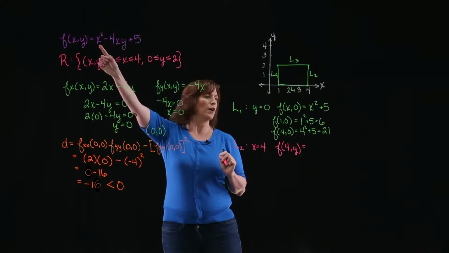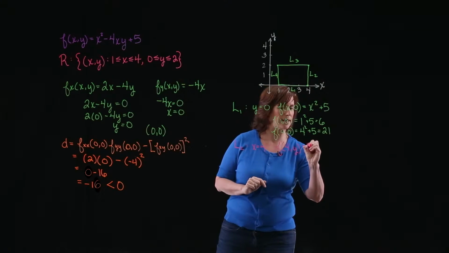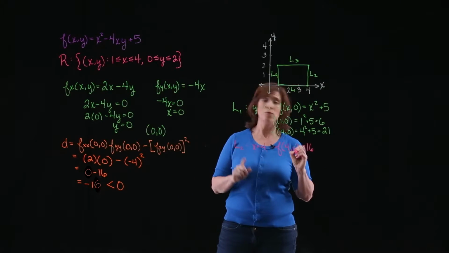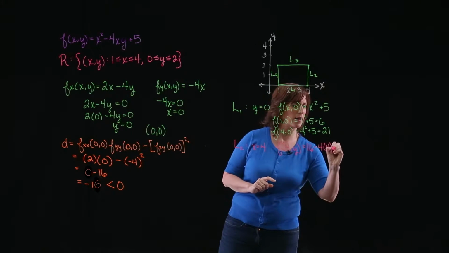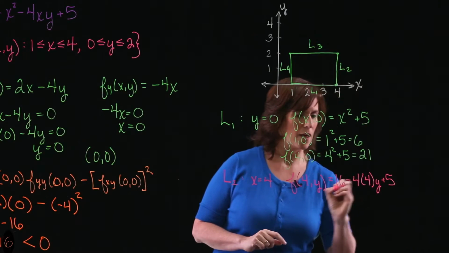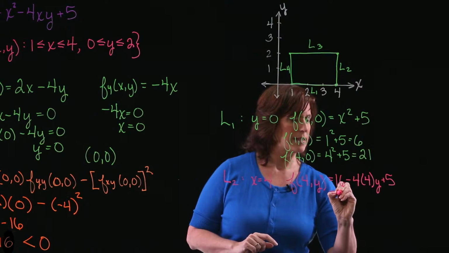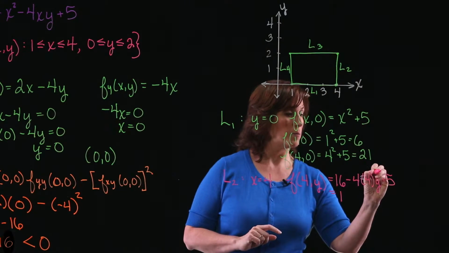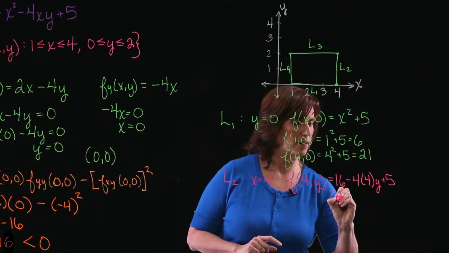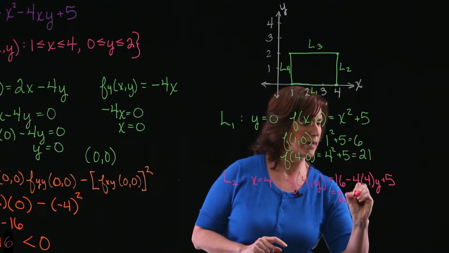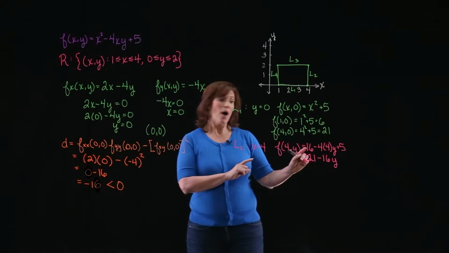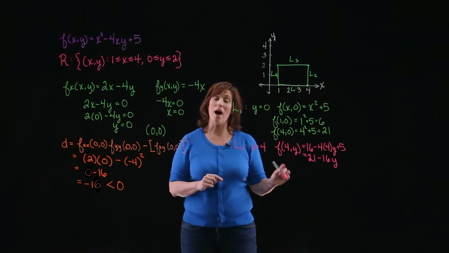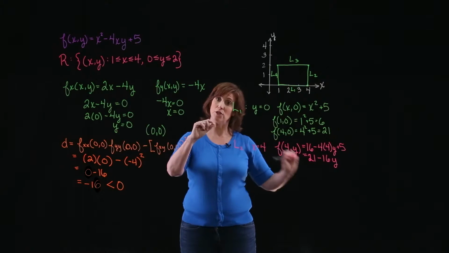Then I'm going to have 4 squared, which is 16, minus 4 times 4 times y plus 5, which is going to be 16 plus 5, so that's 21, minus 16y.